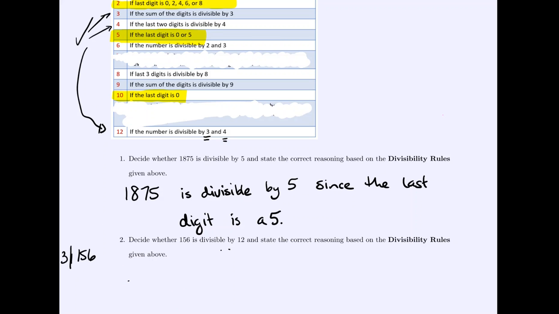Looking at our rule, is the sum of the digits divisible by 3? So we take 1 plus 5 plus 6, and that gives us 12, and definitely 3 divides 12, which tells us that 156 is divisible by 3.